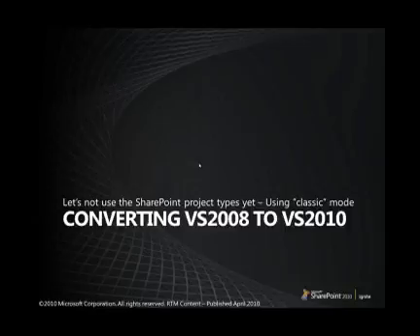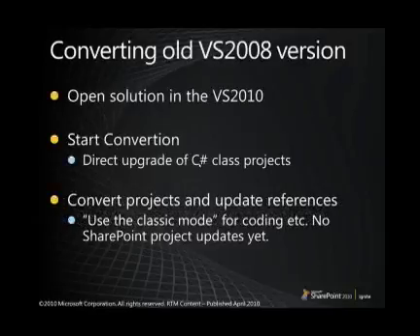So let's start converting our solution structure to Visual Studio 2010, which basically means opening up the solution in Visual Studio 2010 and starting the conversion, which will convert the project file and the solution file to the Visual Studio 2010 format. And then we can start updating the references and doing whatever we need to do to make SharePoint 2010 work for us.